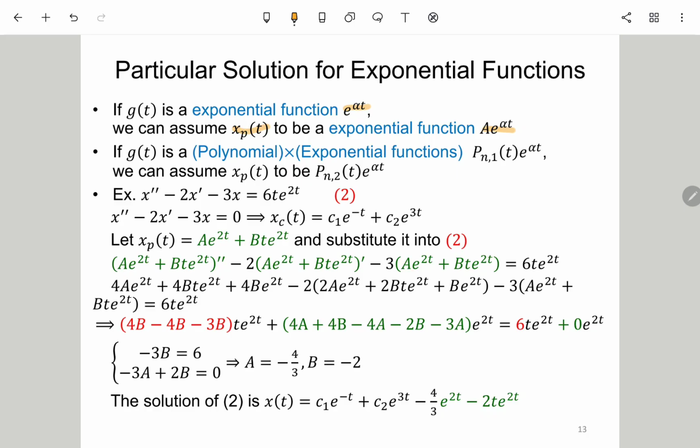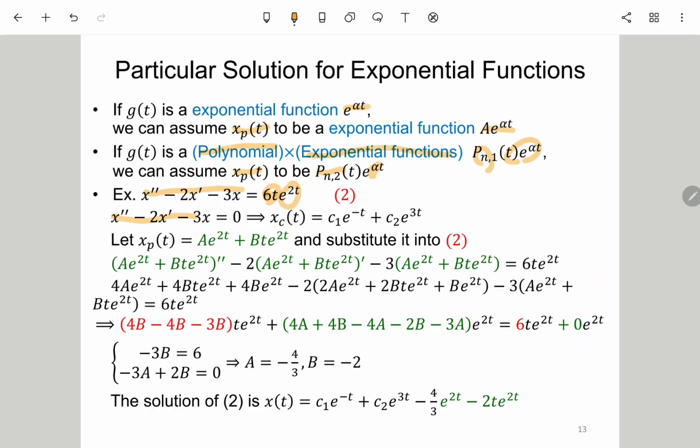If g of t is a polynomial times an exponential function, then we also assume the particular solution to be like this, an nth order polynomial multiplied by the exponential. So this is a case. The same left side, and on the right side, this is the first order polynomial, and this one is the exponential function.